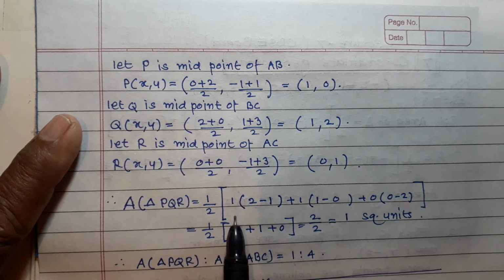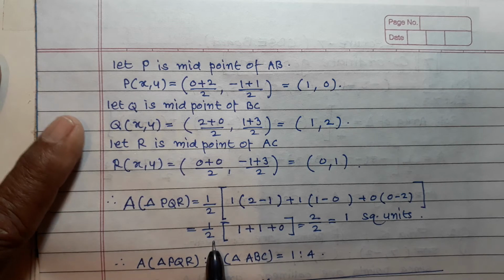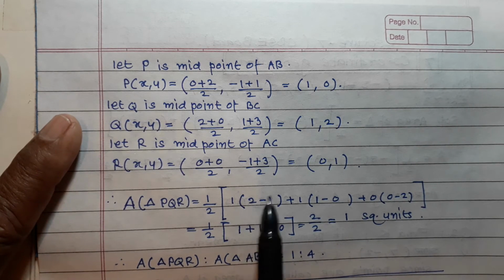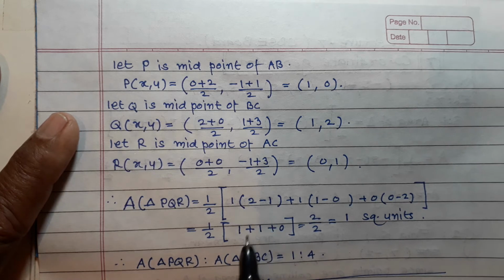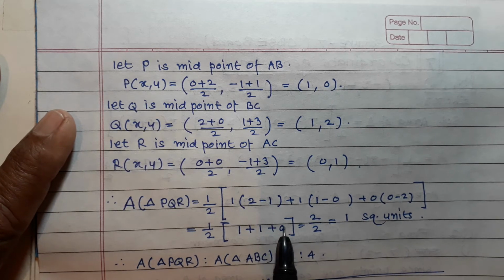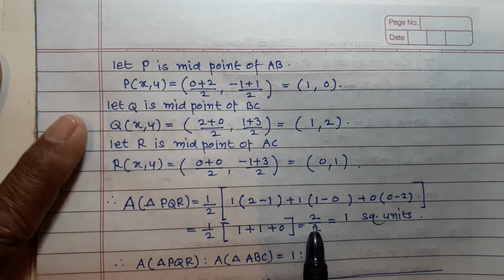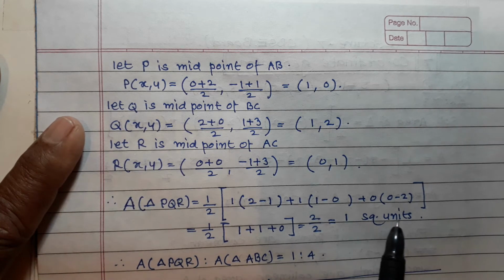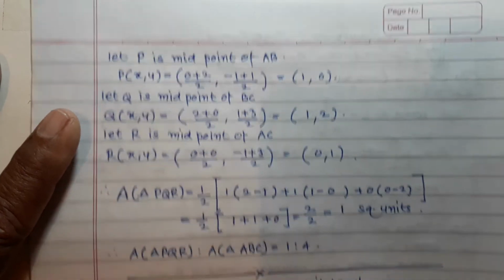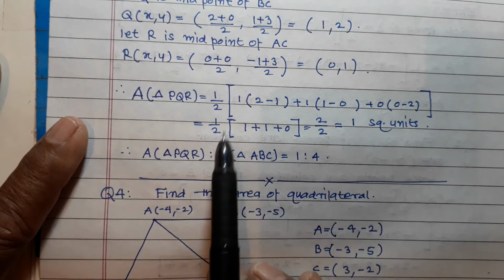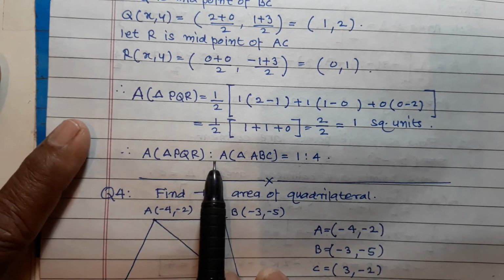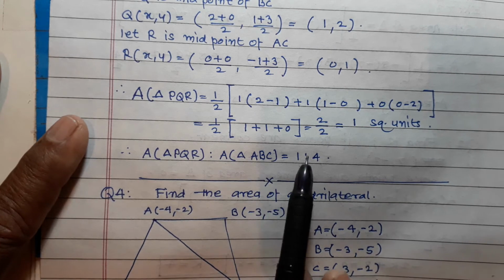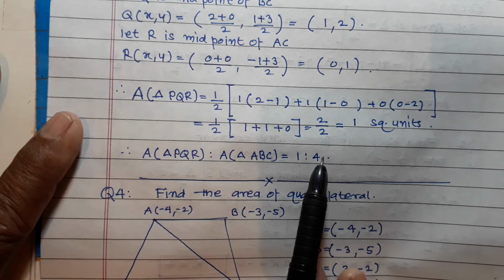Okay. Now this is 1 upon 2 into bracket, this is equal to 1. 2 minus 1 is equal to 1. 1 into 1, 1 plus 1 plus 0 is equal to 2 upon 2, which is equal to 1 square unit. And therefore the area of triangle PQR to the area of triangle ABC is equal to 1:4.